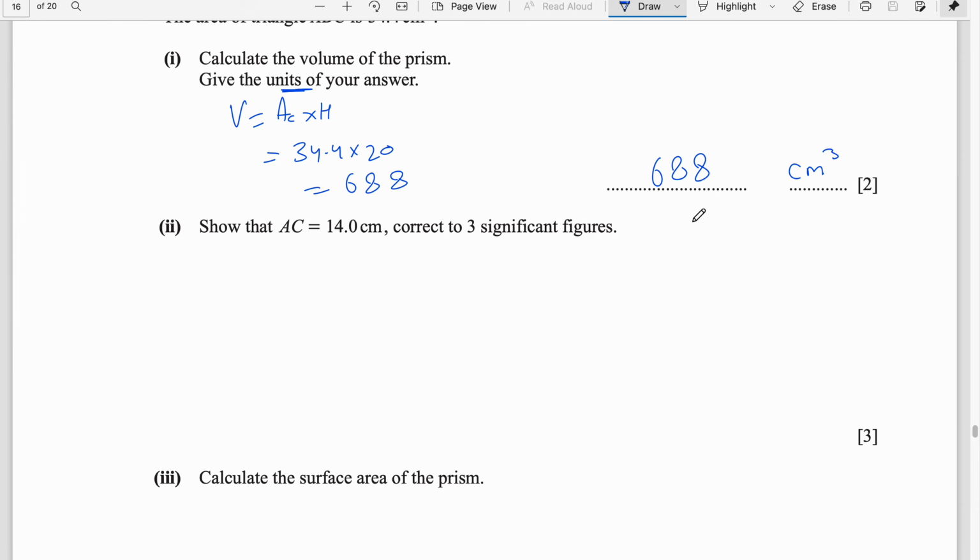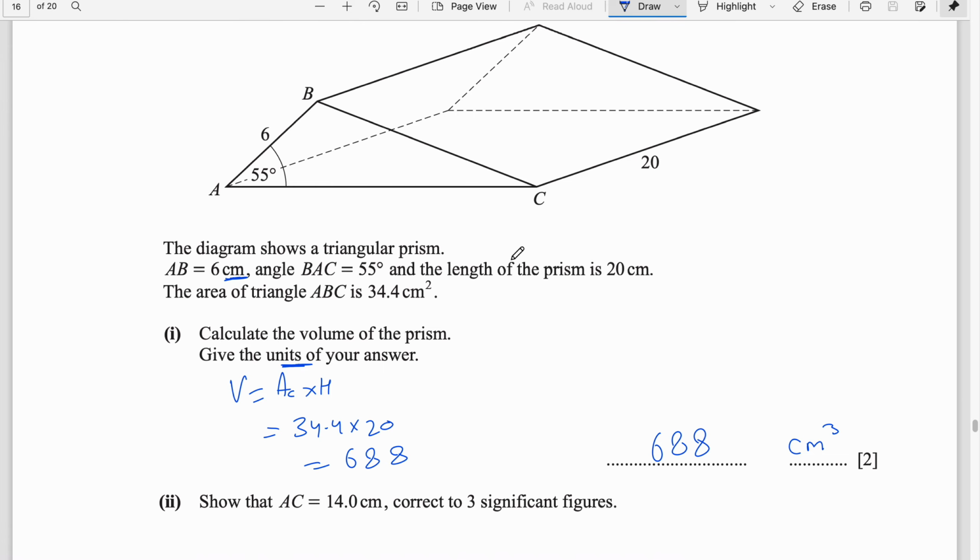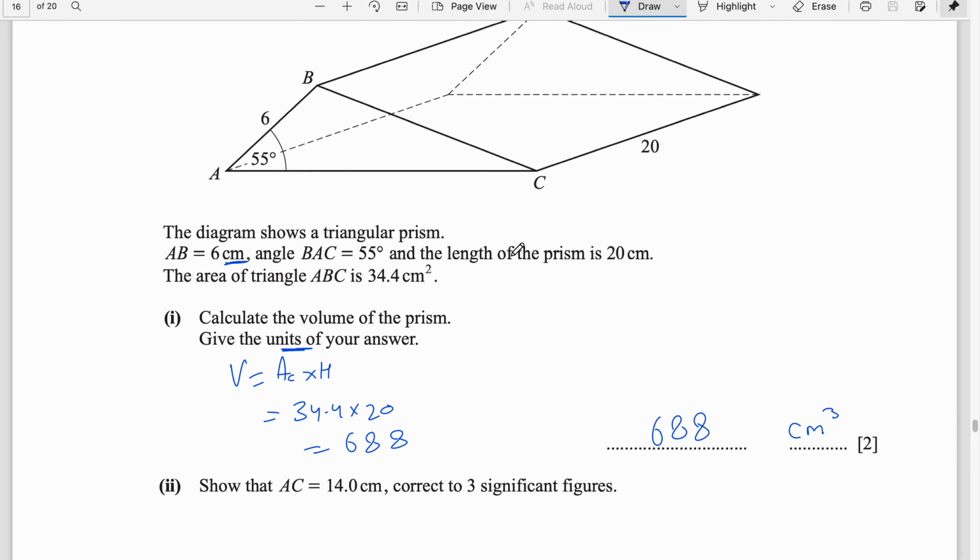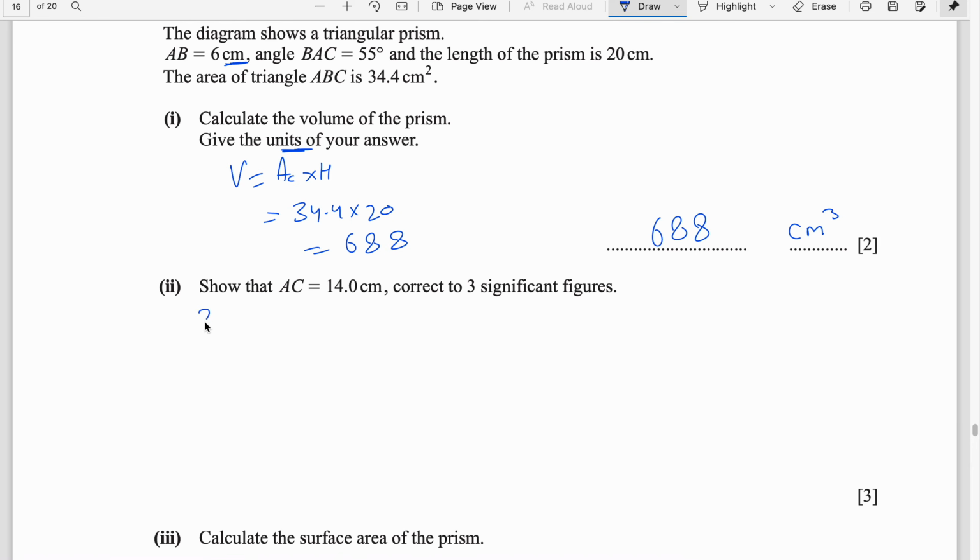Second part says show that AC is equal to 14 centimeters, correct to 3 significant figures. If I have to find AC, I know this area, that is 34.4, so I'm using the area formula with sine. 34.4 is equal to 1 by 2 times first side times second side times sine of the included angle 55 degrees.